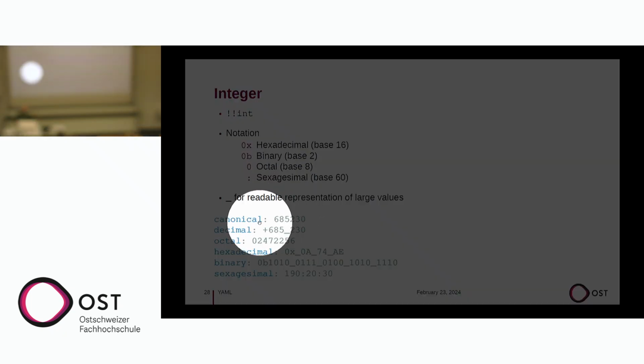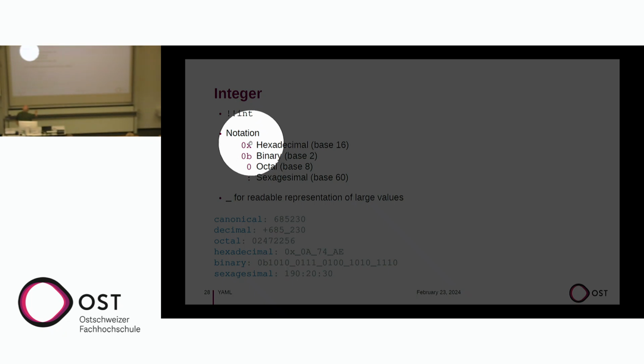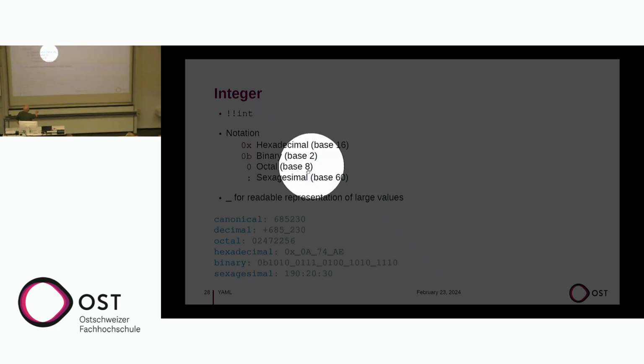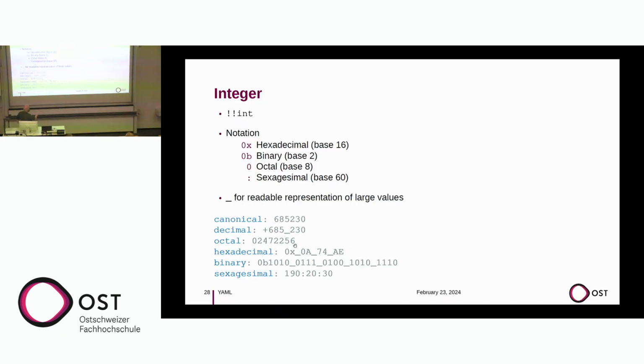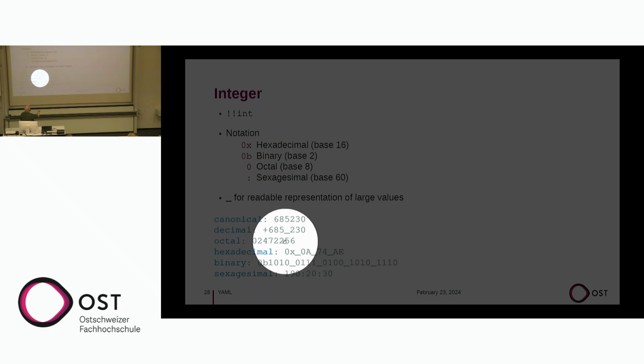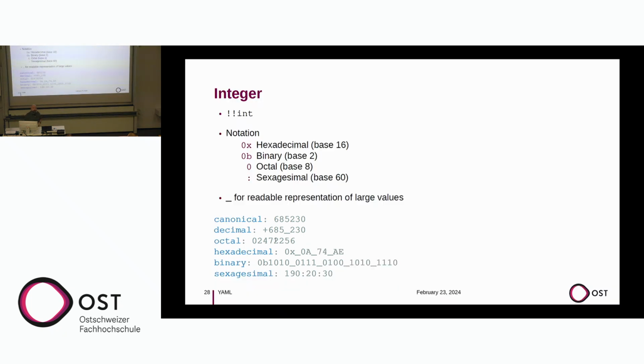Then we can write hexadecimal. If we start with 0x, it will automatically be converted from hexadecimal. If we start with 0b, binary. And now the fun part comes: if we start in version 1.1 with a 0, it will be treated as an octal. So this will most likely not be the same number as we expect.